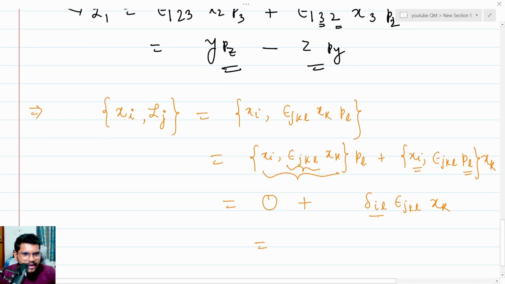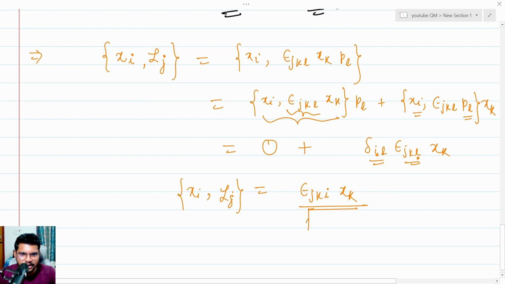You see what I can get over here: i and l, when they are the same, then this quantity is going to survive. Therefore, I can replace l by i, so epsilon jki x_k. So the Poisson bracket of these two things, x_i and L_j, will give me the epsilon antisymmetric tensor.